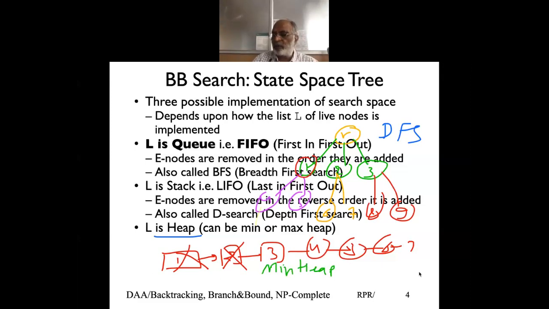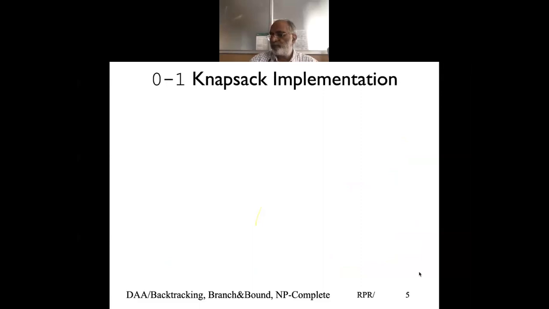So yesterday we looked at least cost branch and bound, and today we'll look at least cost FIFO branch and bound. The answer would be the same in both cases, but in FIFO we'll probably do more computation compared to least cost.